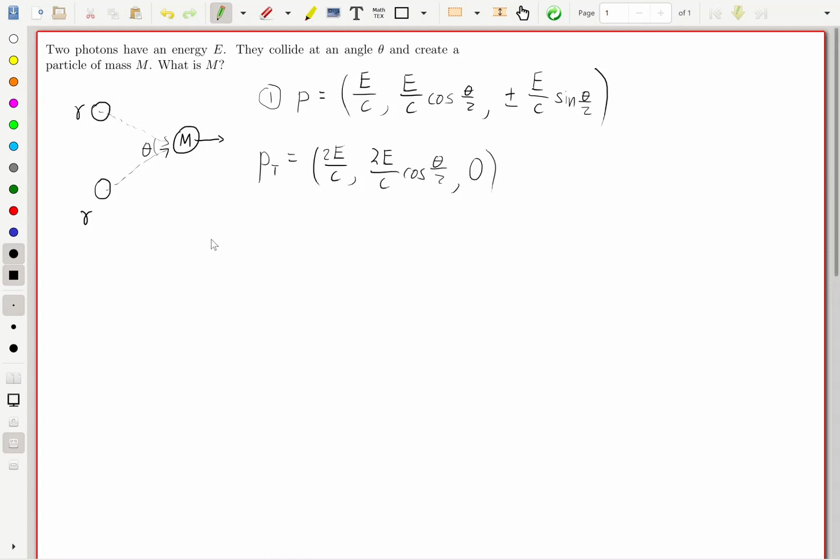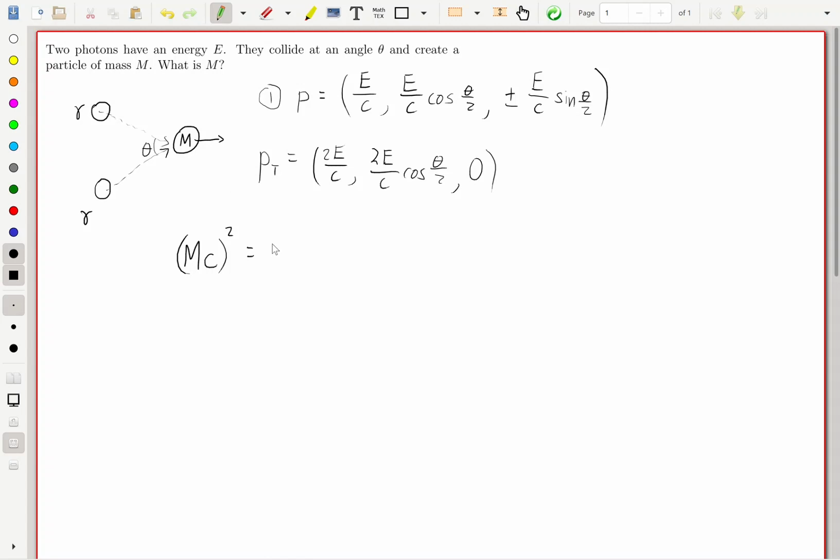Here we can exploit a very useful symmetry when dealing with four vectors. That is, the square of the four momentum is an invariant, and to be more specific, it's equal to mc squared. That is, once all the momentum gets transferred to the mass m.